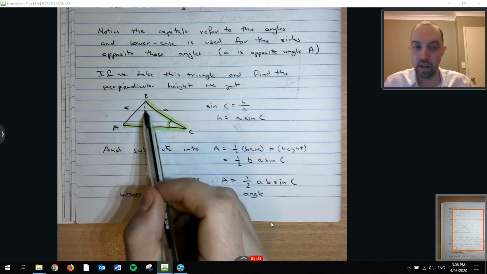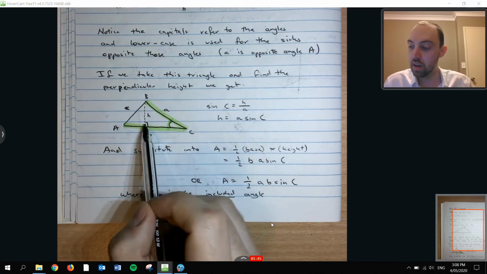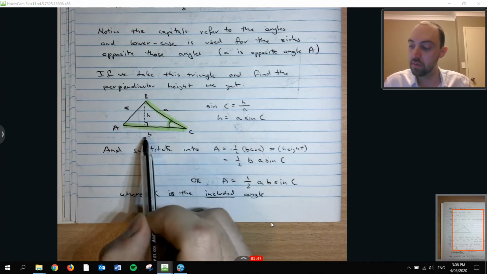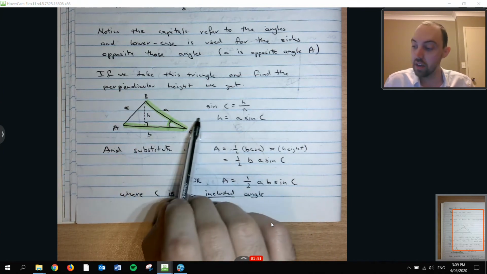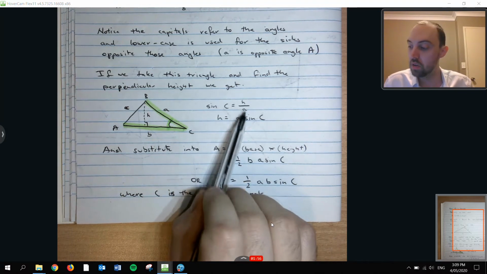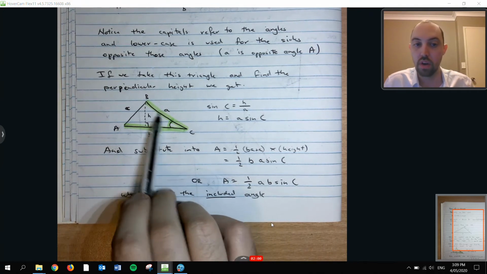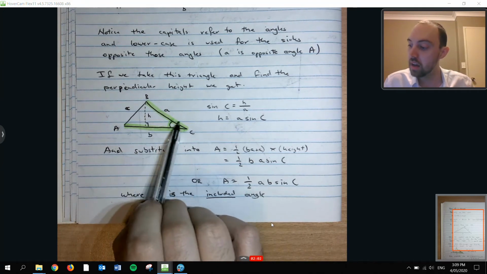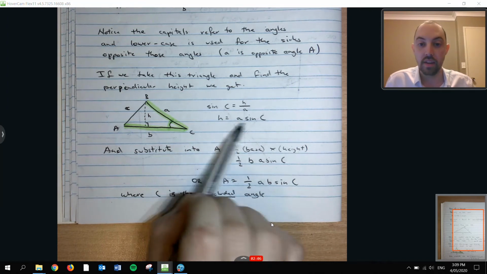We've created a perpendicular line to the base b, and we want another expression for the height. So sine of C, sine being the ratio of the opposite side to the hypotenuse, so opposite is h over the hypotenuse, which is a, and you can rearrange and you get the height is equal to a sine C.